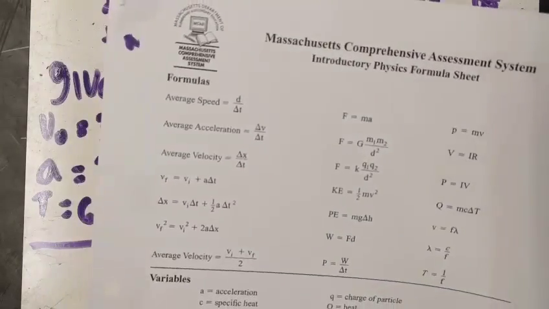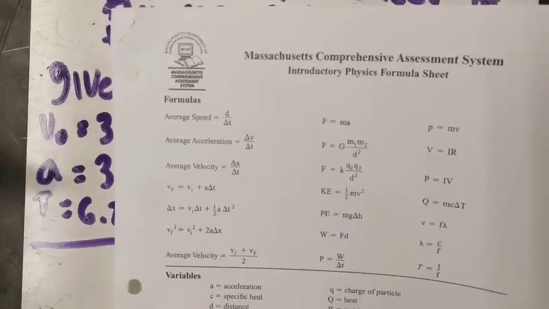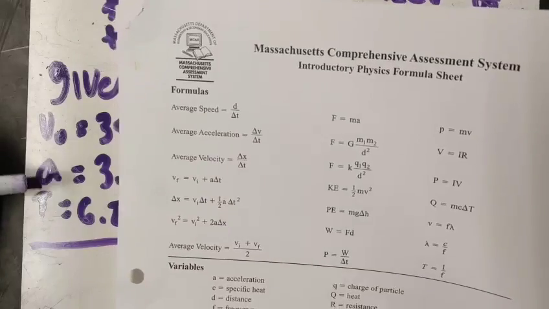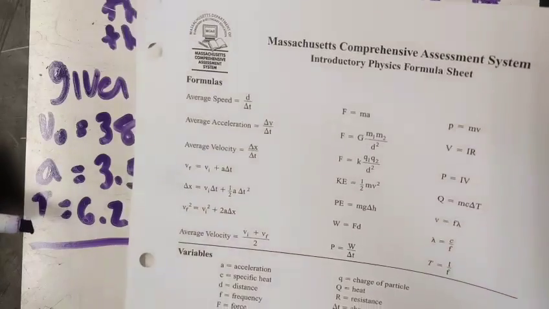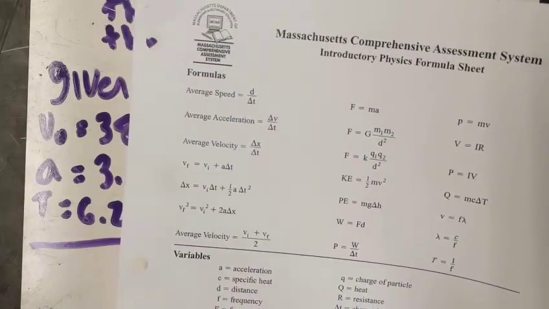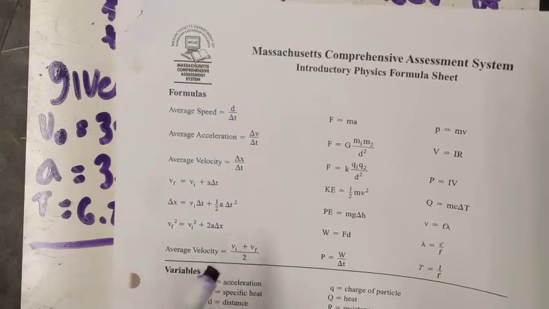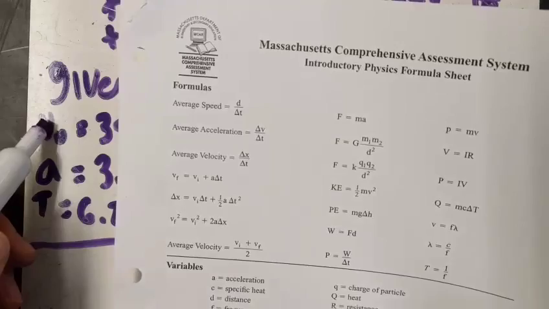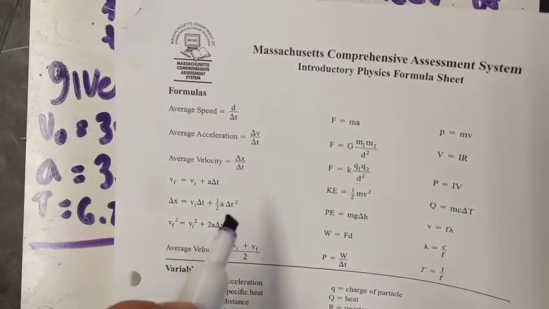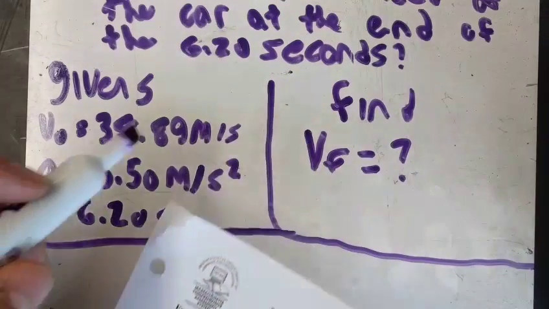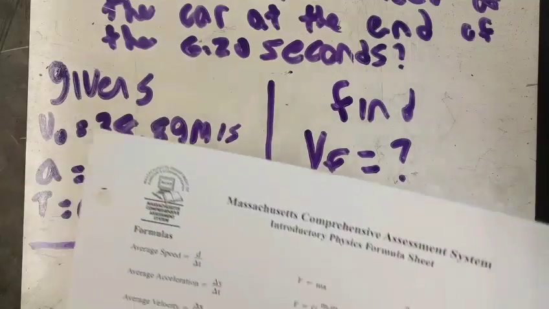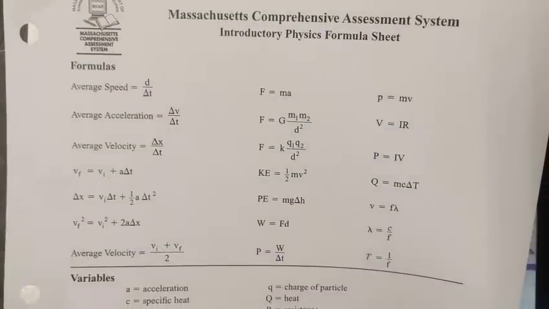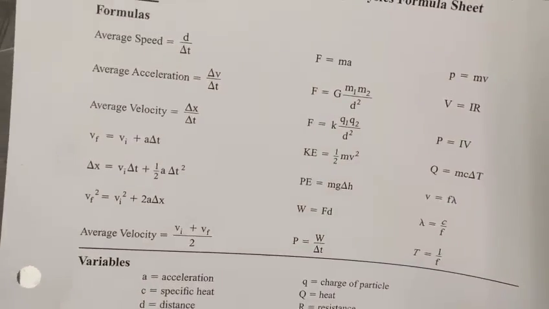So we're going to want to look for our other values. They're right here. So we want velocity initial, acceleration, and time. And one that immediately sticks out to me is this one right here, because not only does it have velocity initial, acceleration, and time, it also has velocity final as its result. So this is definitely going to be our winner.